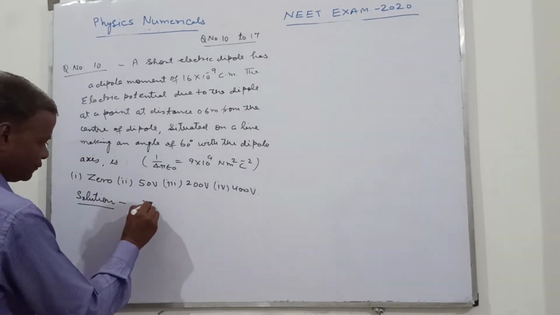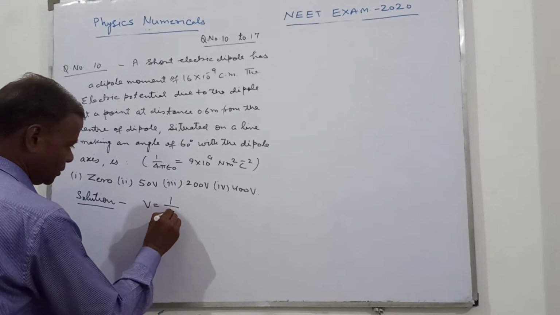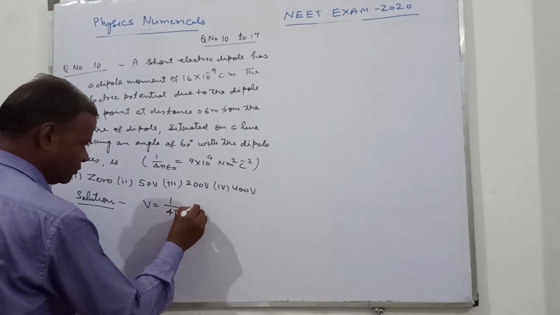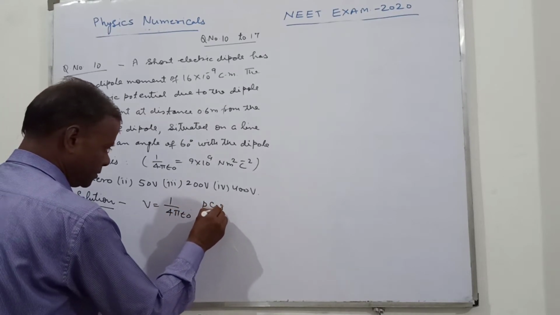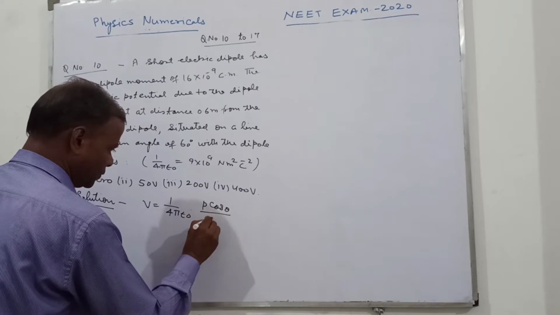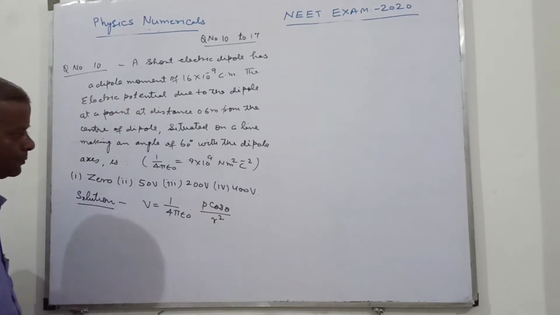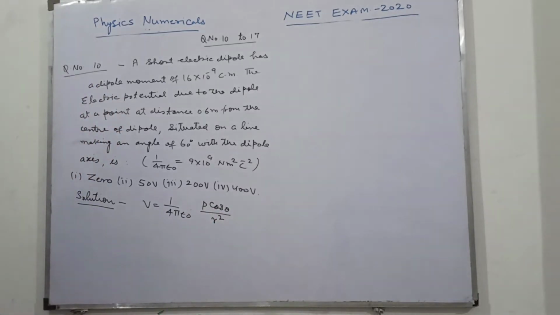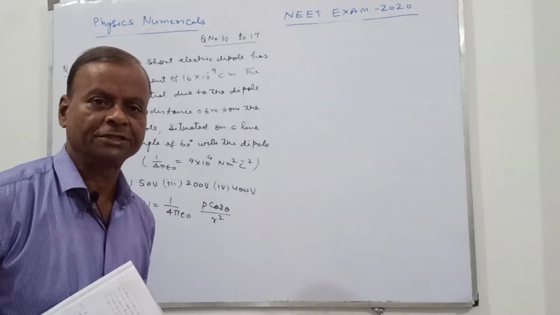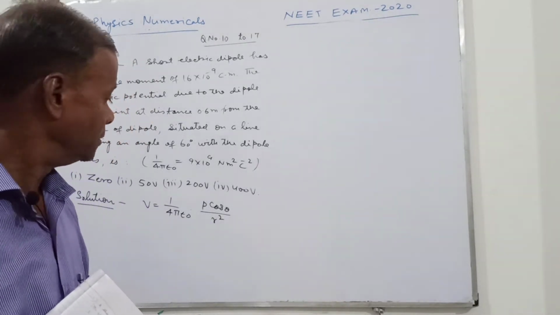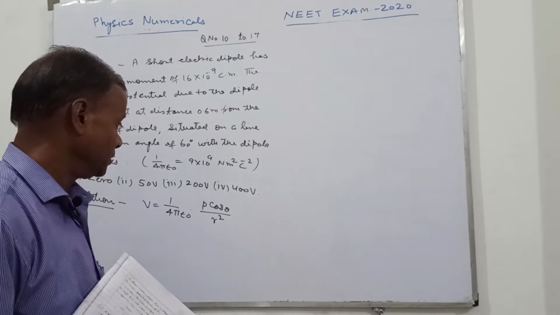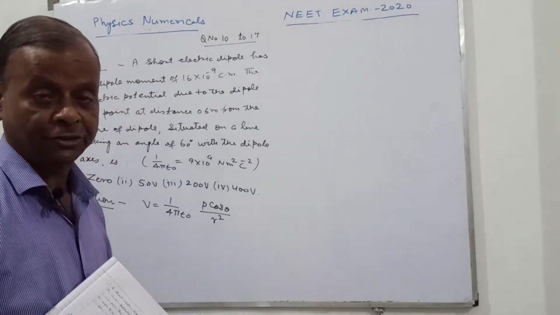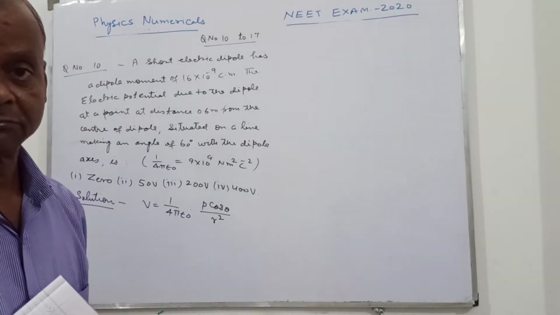We know that V is equal to 1 upon 4 pi epsilon naught P cos theta upon R square. This is the formula to find the electric potential at a distance R at the point which is situated at an angle theta.